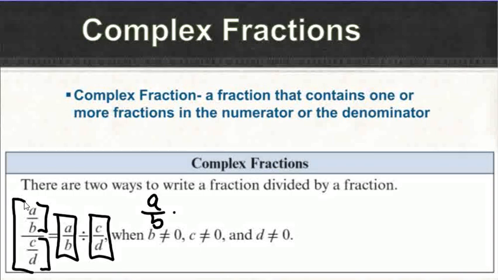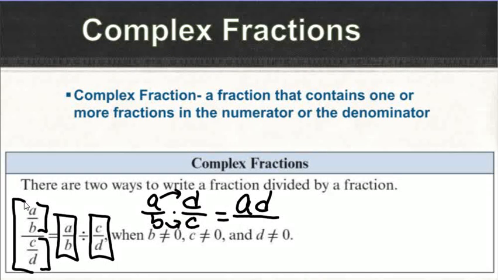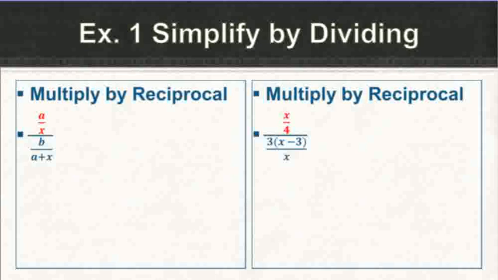So the reciprocal of C over D is D over C. And then I multiply numerator times the numerator, so AD, denominator by denominator, so BC. And that would be our answer. So let's take a look at an example here.